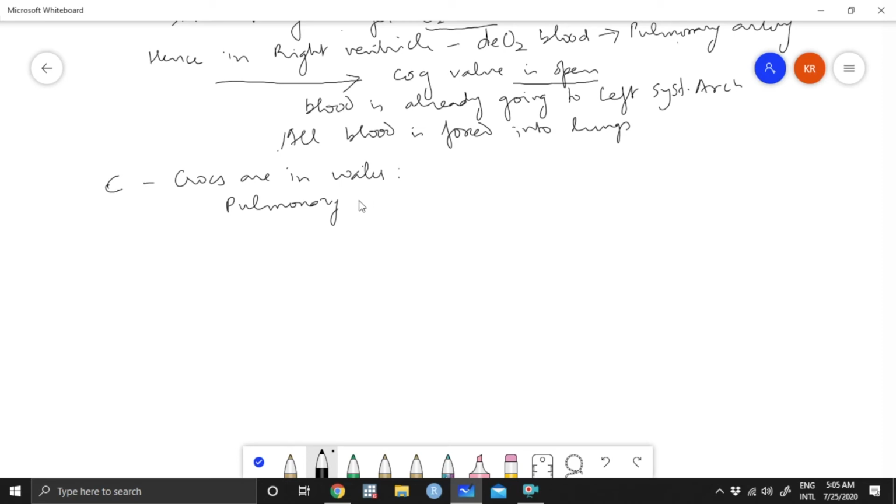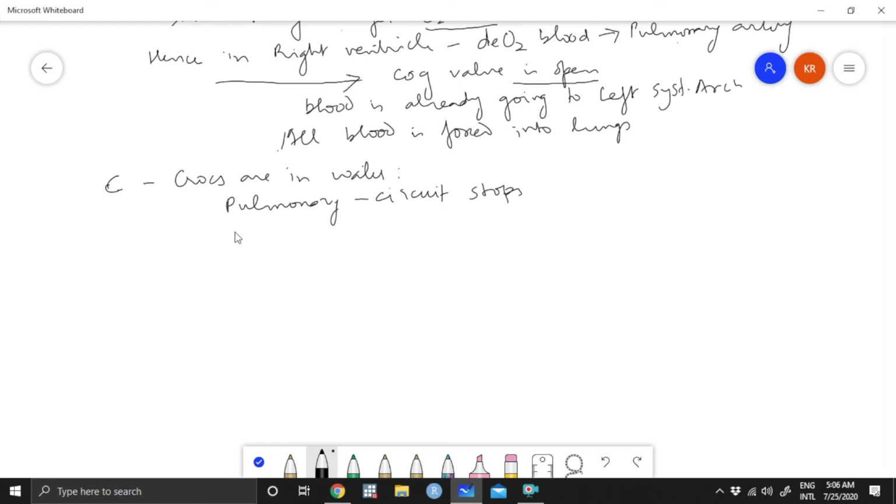Therefore the pulmonary circuit stops. Okay, the pulmonary circuit will stop at that time because this is a land animal and it has lungs, and therefore this pulmonary circuit underwater will stop.